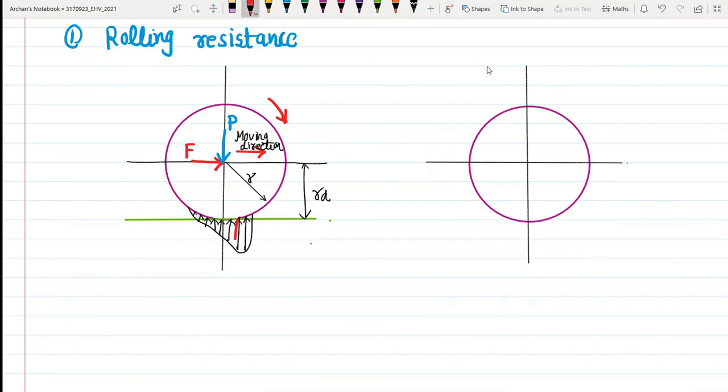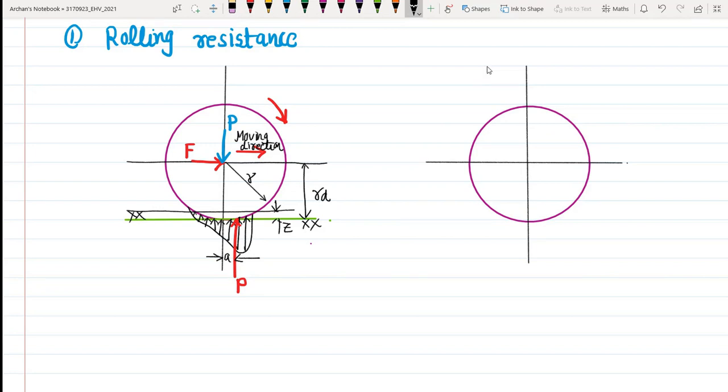This is my pressure P, and let us define some area A over here, and let us say this is the clearance Z. This is the surface of the road.